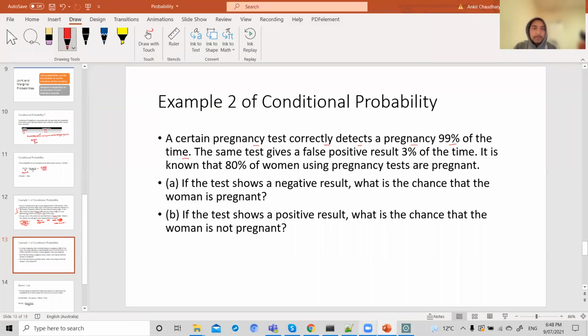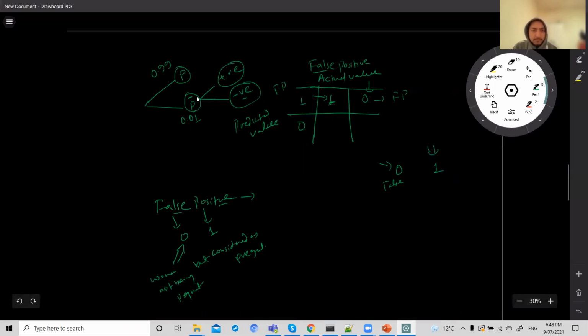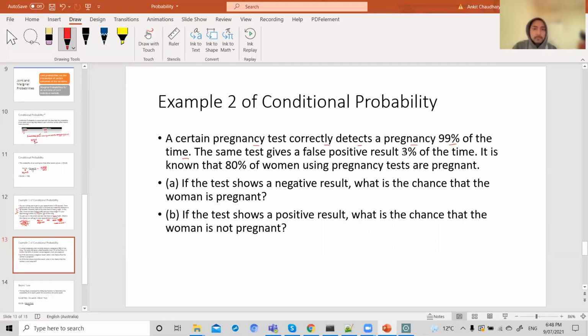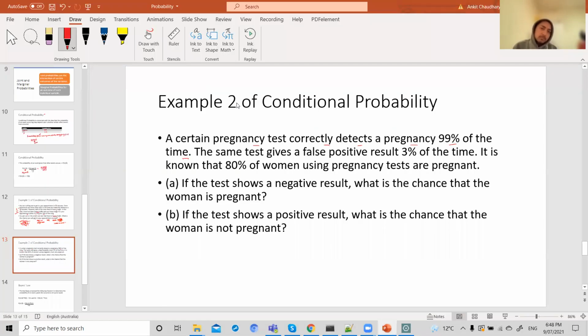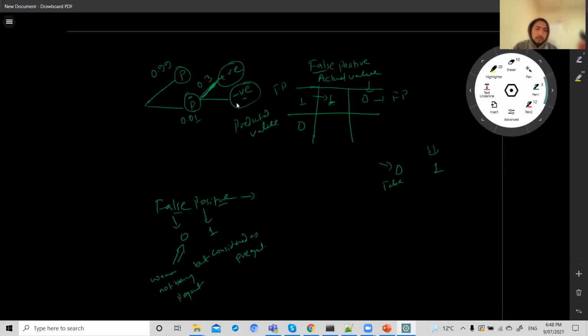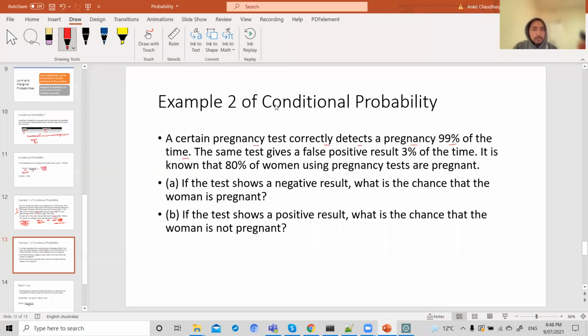In this diagram he's not pregnant but he is considered as pregnant, which is 0.3%. Not pregnant but considered as positive, that is false positive.